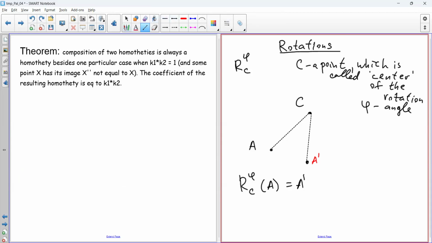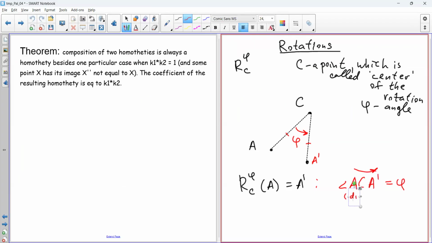So we must have that the rotation counterclockwise would be performed by the angle phi, and the radius segments would be equal, such that the directed angle A C A prime equals phi, directed and counterclockwise.